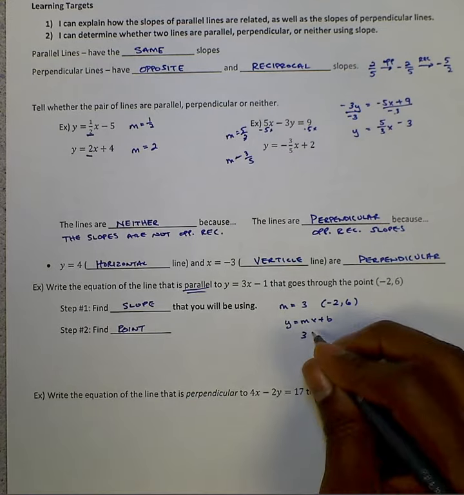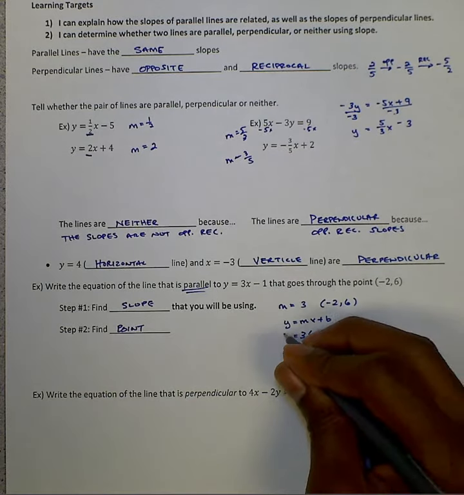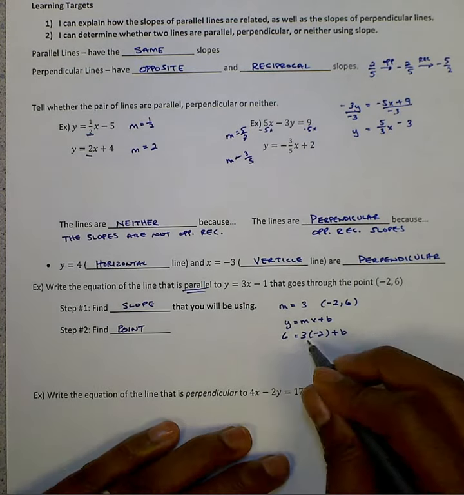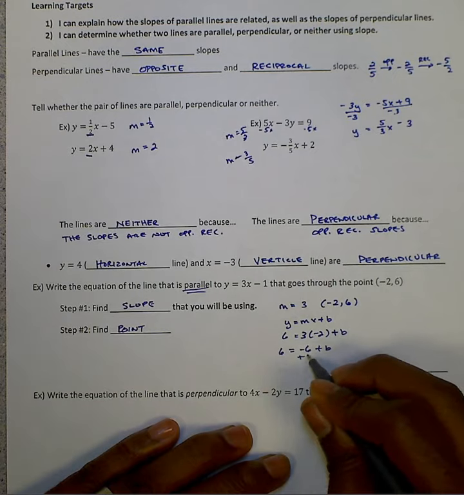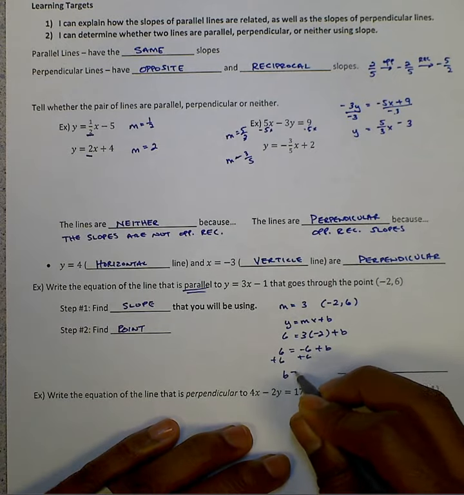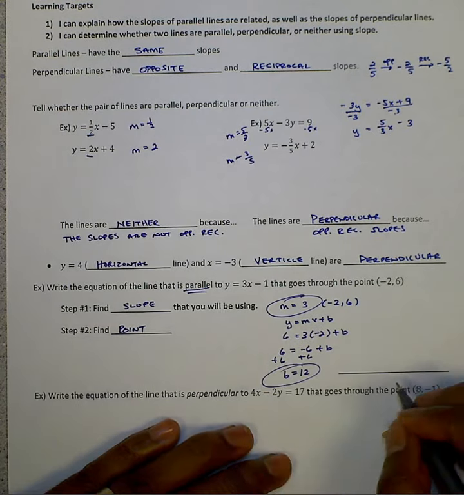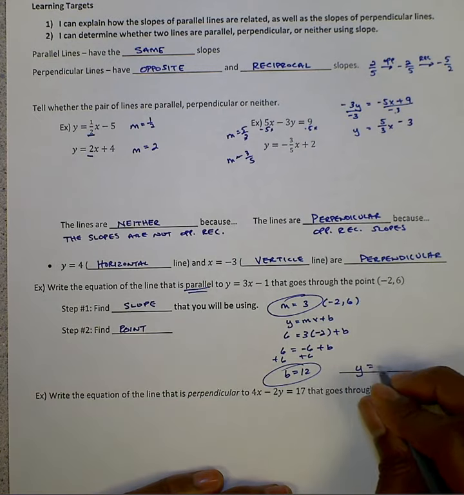I know the x of a point that works is negative 2. I know the y of that same point is 6, and I'm going to solve for b. So I have 6 equals 3 times negative 2, which is negative 6, plus b. Add 6 to both sides. B will equal 12. And so now I'm going to use these two pieces of information for my final equation, and y equals 3x plus 12.